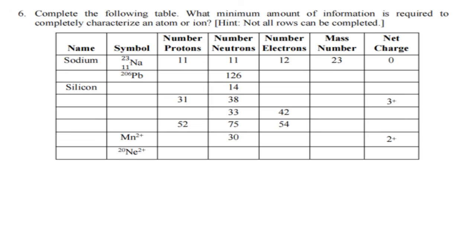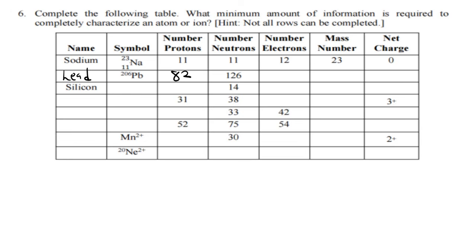We come to lead. PB is lead, so we're going to write lead there. They've given us the number of neutrons and the mass number. So to find the number of protons, we subtract 206 minus 126 for lead. I'm going to find 82.